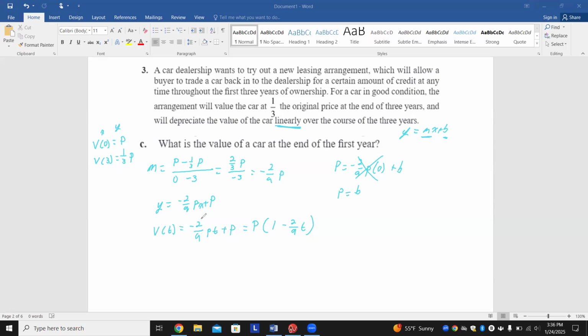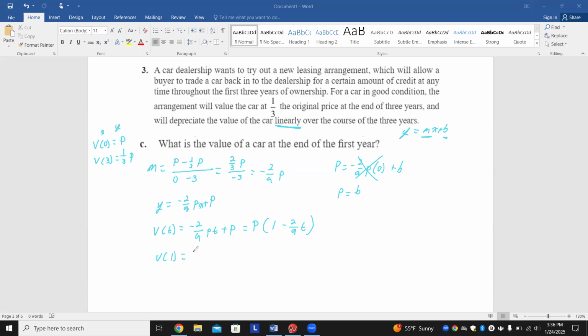Now we can answer the question: what is the value of the car at the end of the first year? So now all we're going to do is plug in. Our t is in years, so we'll plug in 1. So basically what we're going to do is find V of 1.